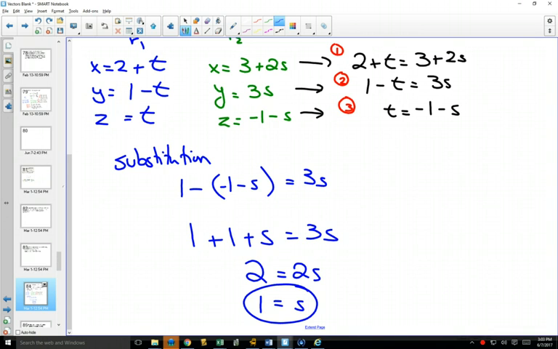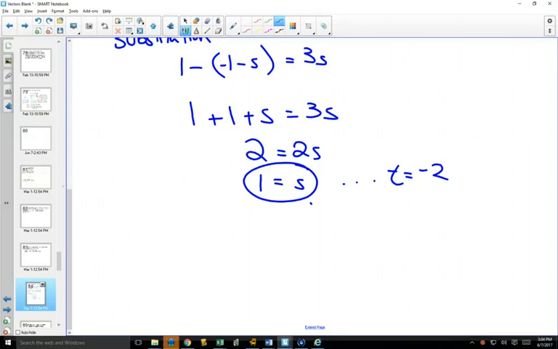And if s is equal to 1, if I want to find out what t is, I can plug that back into equation 2 or equation 3, and I would find out that t is equal to -2. Can you see that that is true for equation 2 and equation 3? When s is 1, t is -2. Both of those equations work.